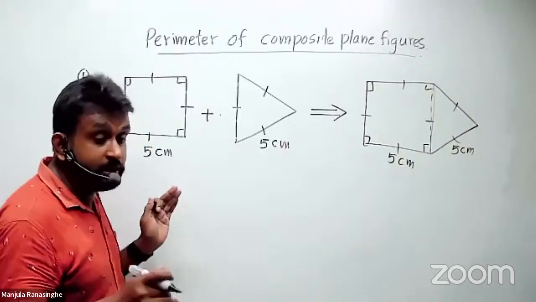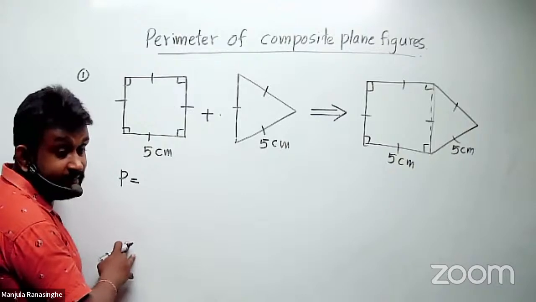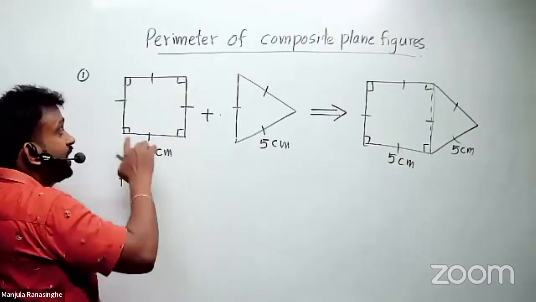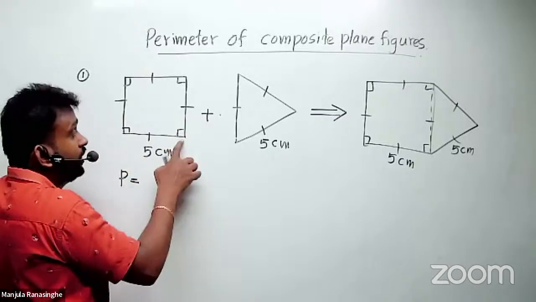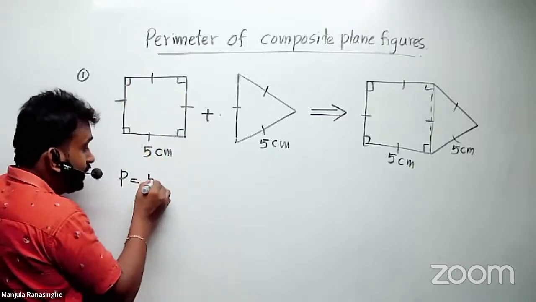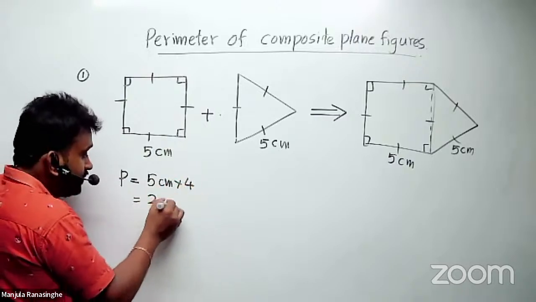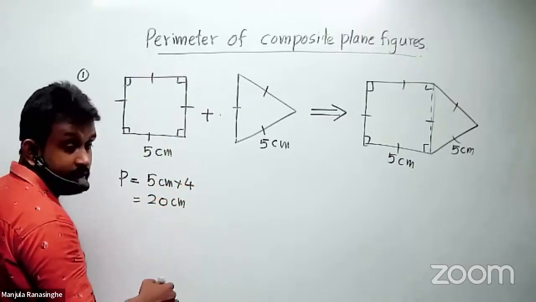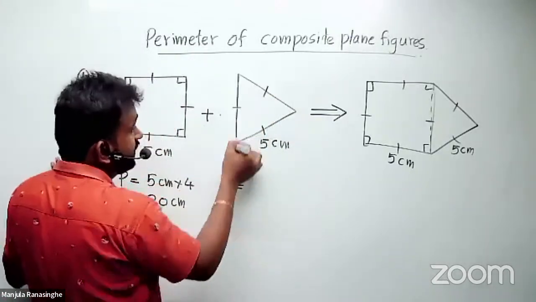Now I will write individually the perimeter of these plane figures. Of this square, one side length is 5. So what is the perimeter? 5 into 4, 20 centimeter.